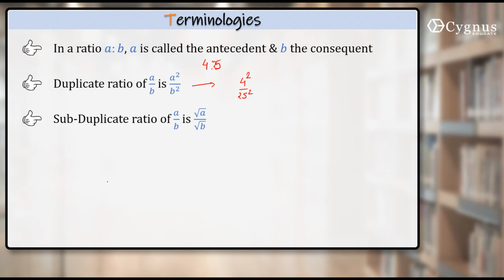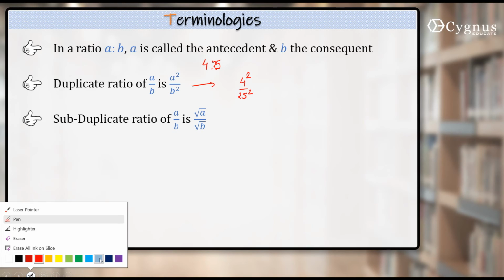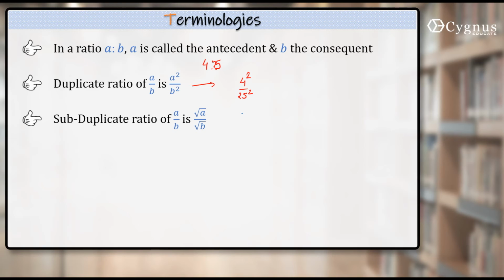What's the next one? Triplicate ratio, subduplicate ratio. Now the subduplicate ratio is what? Root A is to root B. That means now it becomes root 4 is to root 25. And root 4 is to root 25 will be 2 by 5. What's the third one? Third one is triplicate ratio. Triplicate ratio of A by B is A cube by B cube.